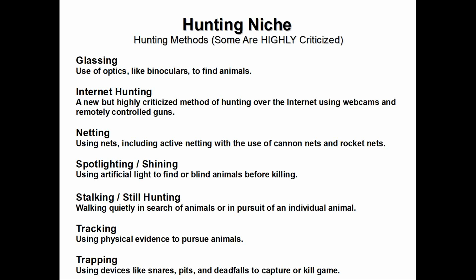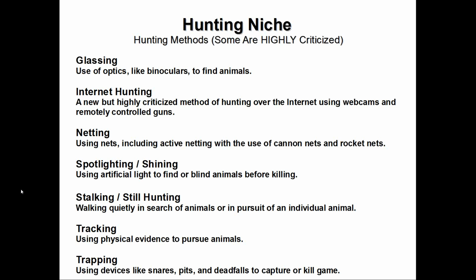This is pretty new, but it's actually really, really highly criticized, especially in the USA. And I will be talking about this in a little bit more detail later on before the end of the class. But basically, with internet hunting, you actually have webcams and remotely controlled guns, and believe it or not, people are sitting at their computers hunting real animals, which I think is pretty ridiculous.